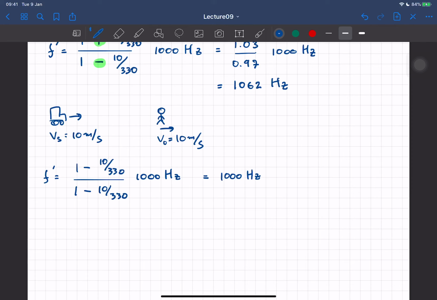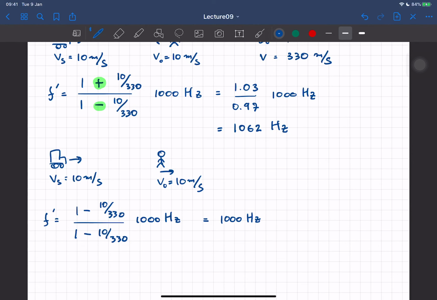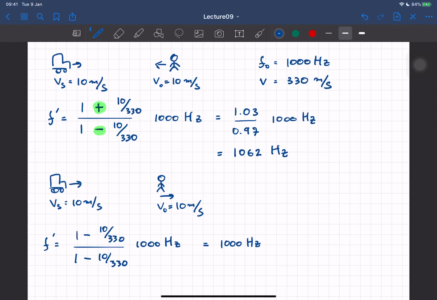Well, the source is the one that is giving out the sound, right? So that should be either the speaker or, if we're talking about light wave, the light bulb or something. And the observer is anything that receives the wave, right? So in case of the sound wave, it's probably your ears, but it can be other detector or something like that, right?